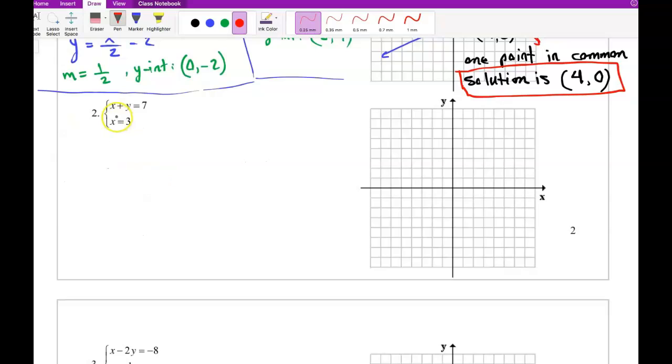Now number 2 is x plus y equal to 7, and here we have x equal to 3. Again, solving for y, the first one, I should subtract x from both sides. So here we have y equal to negative x plus 7.